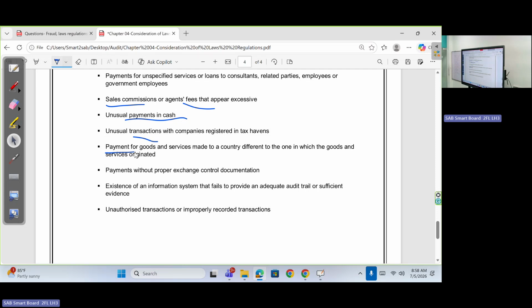That is called double taxation. Without deducting that, you can't make the payment to foreigners.